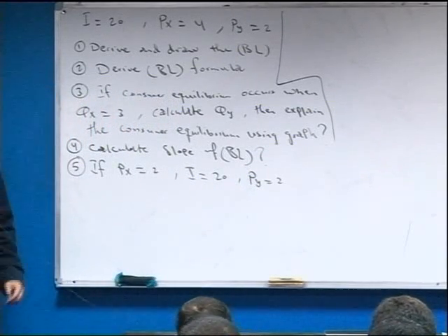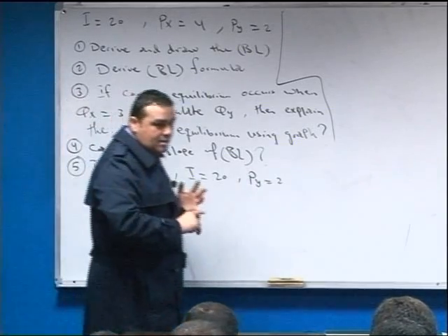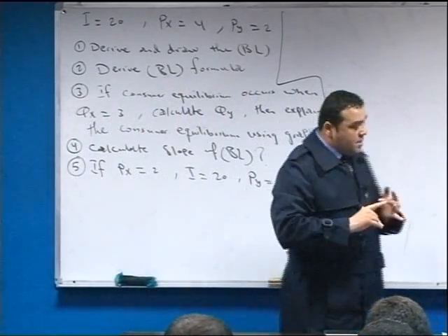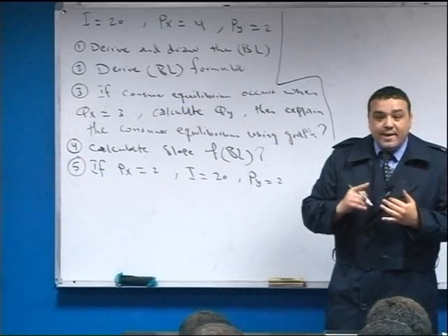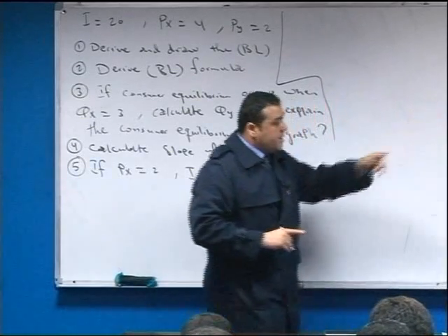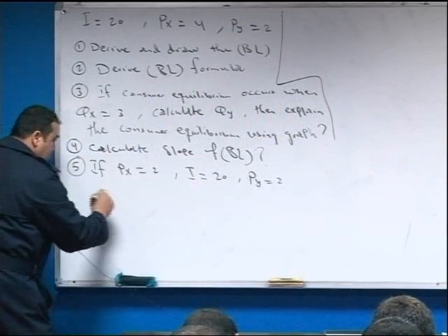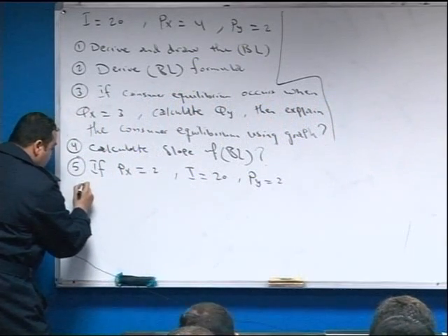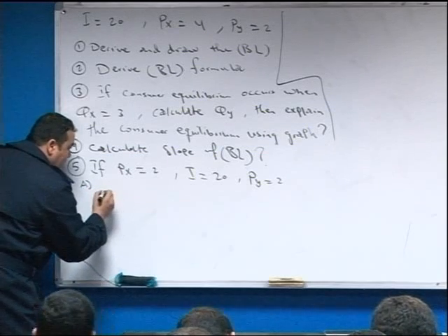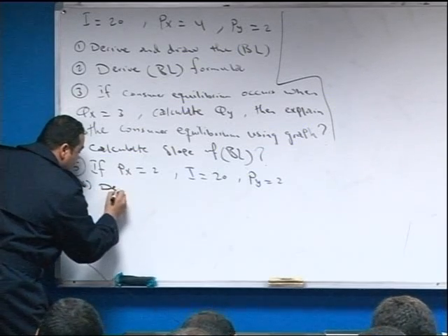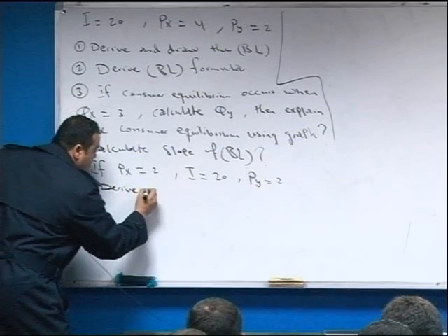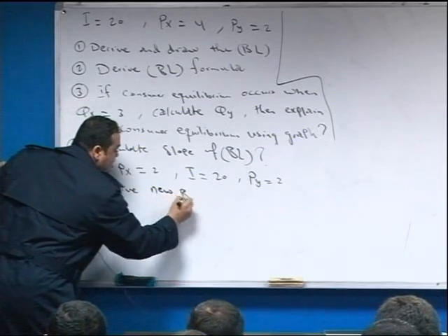The question is, derive the new budget line and draw it, the new budget line formula, as well as suppose that the equilibrium occurs. Let's write the question. A, calculate or derive the new budget line.